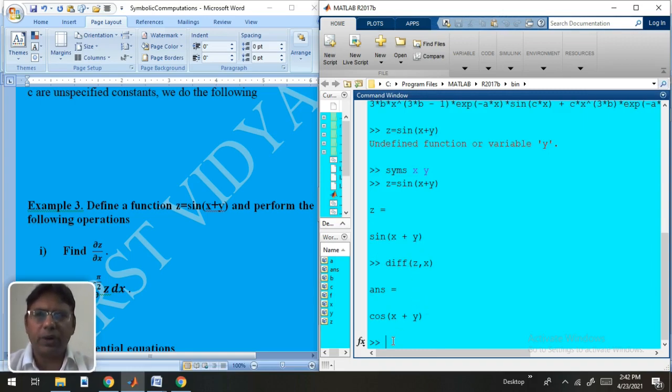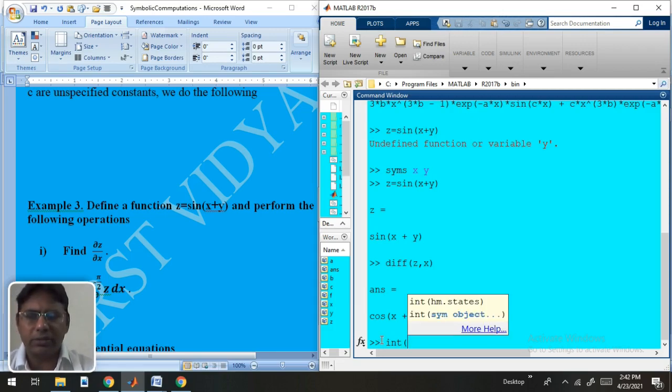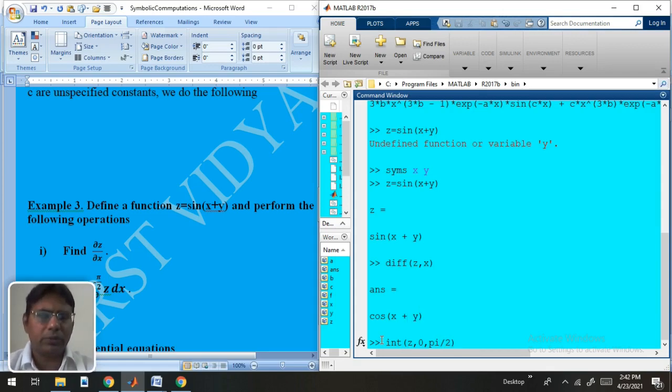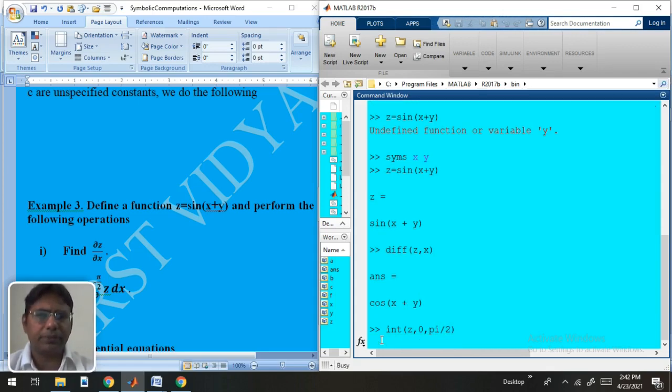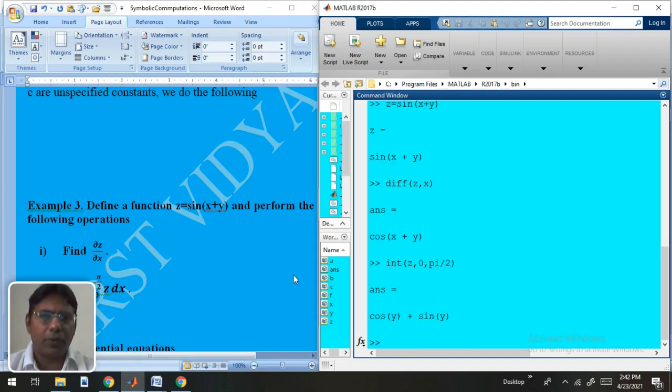And then suppose if we want to integrate the same function, then we just have to write int for integration, and then z, like earlier, and then the limits 0 to pi by 2. So let's see. Okay, so this is the integration problem.